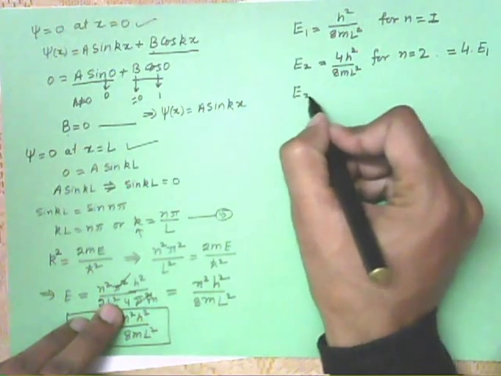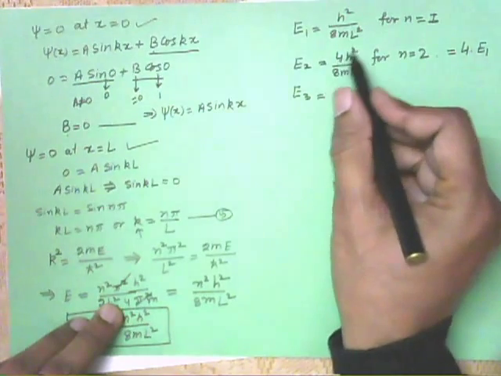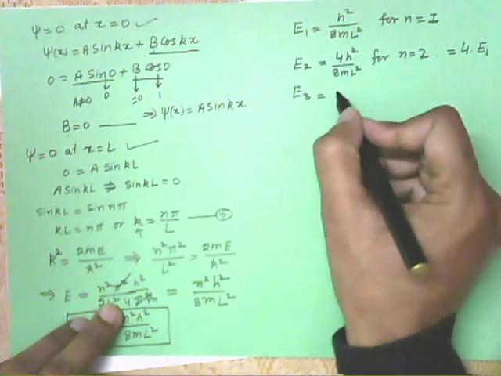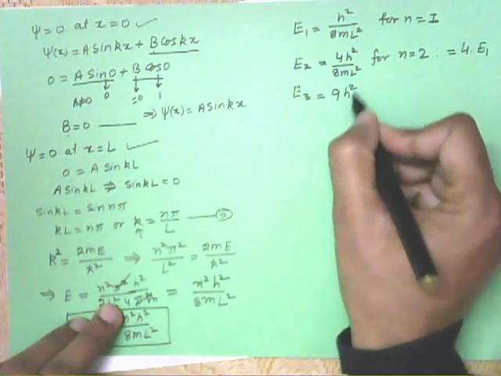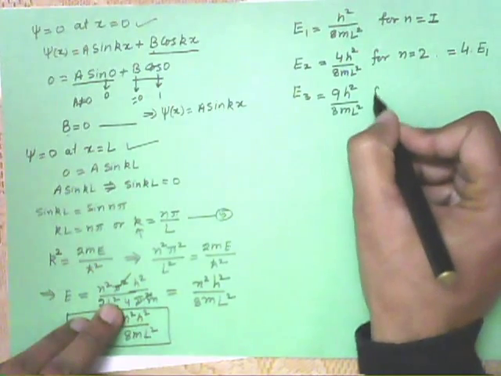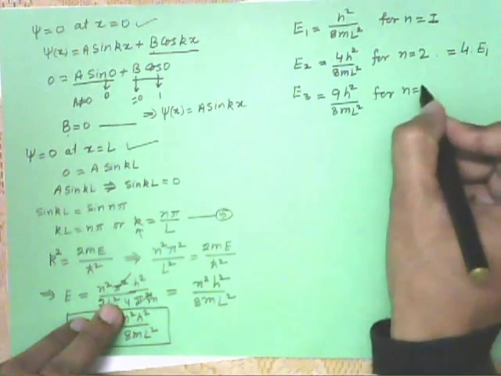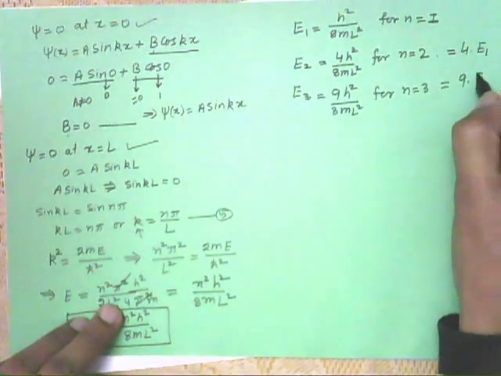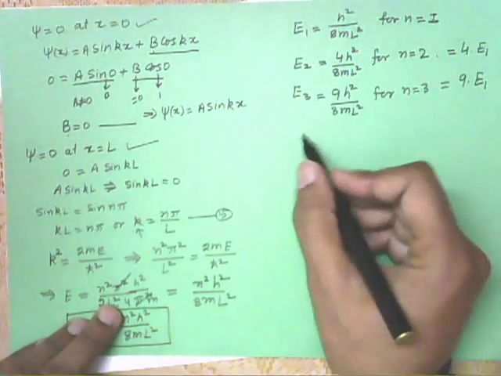Now E3 will be 9 h square upon 8mL square for n is equal to 3, so this is 9 times the ground state.